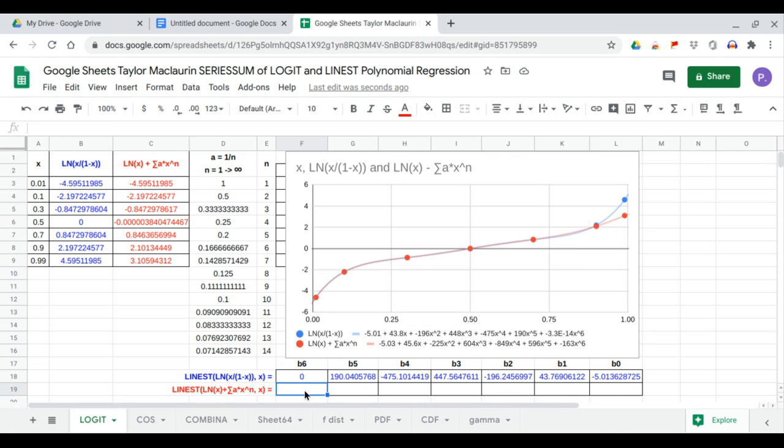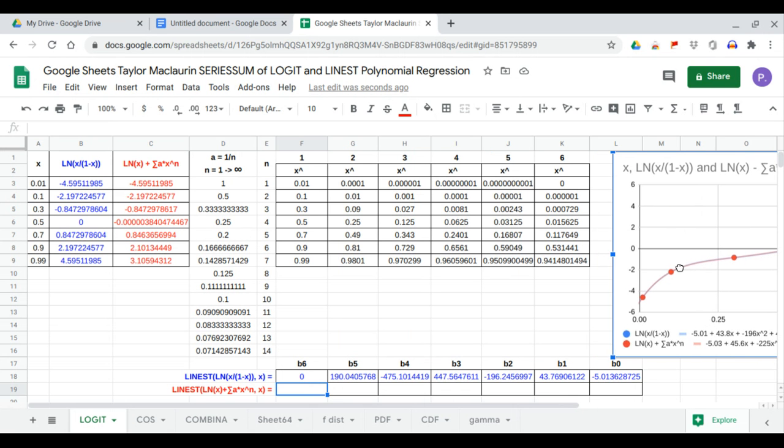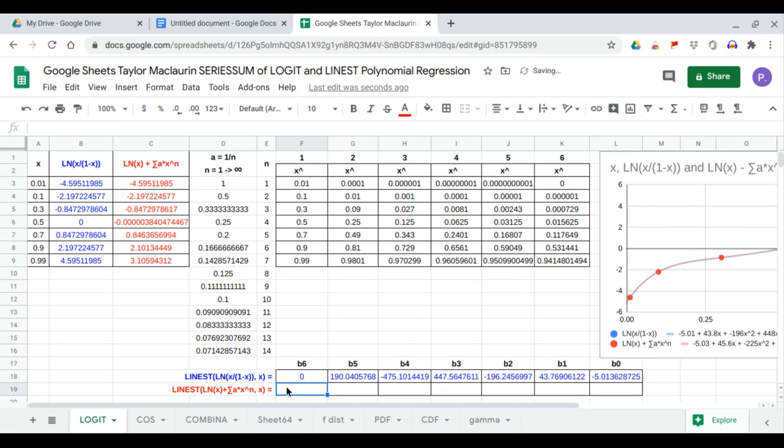Now let's calculate the regression coefficients, because there's a match of the regression coefficients. So we'll use the same one comma the x matrix. So is LINEST data y and data x.